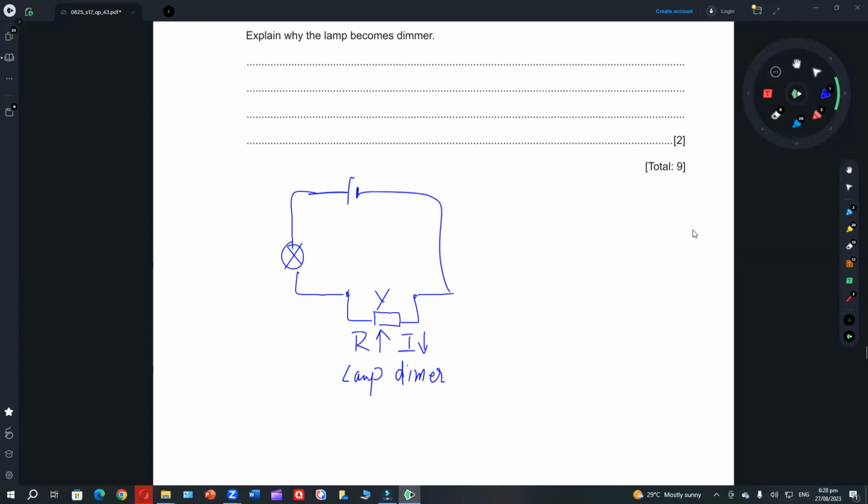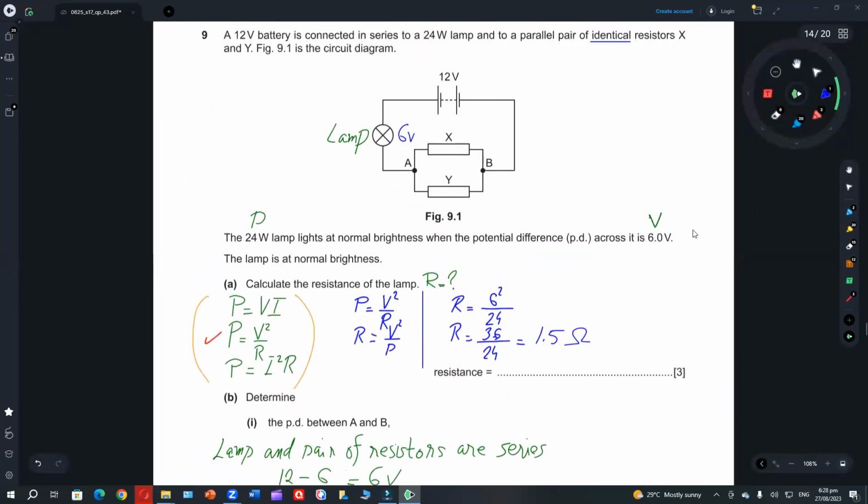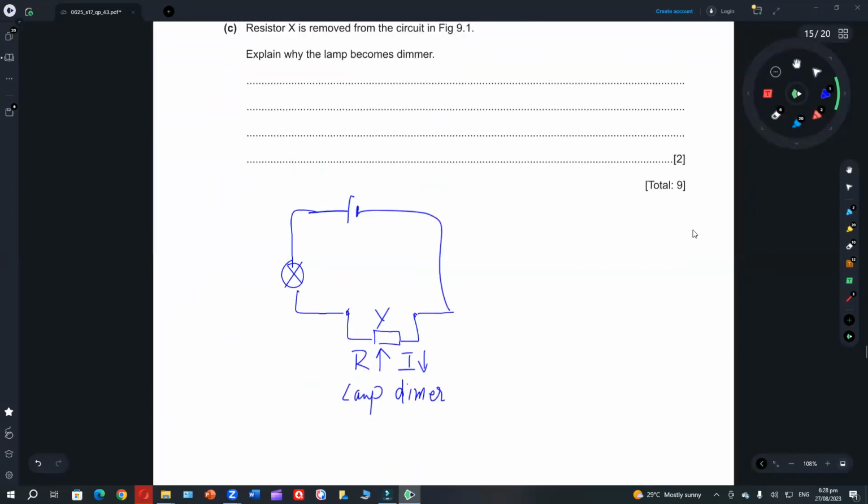The lamp is dimmer. So copy this circuit. He's asking why the lamp is dimmer.